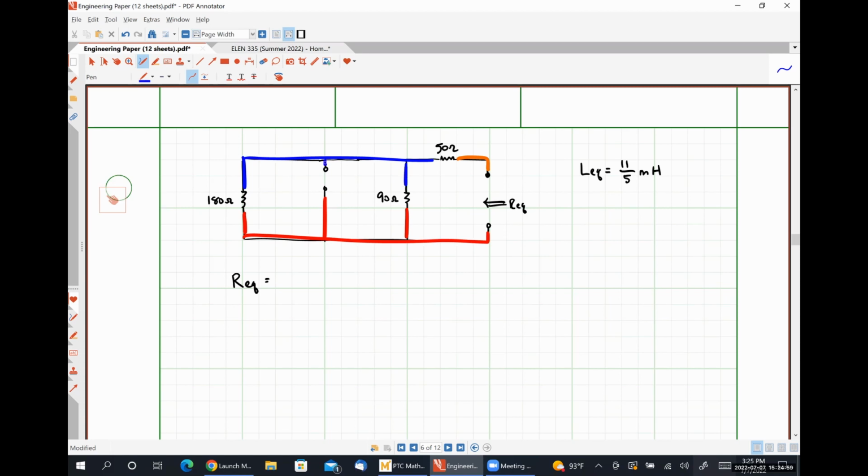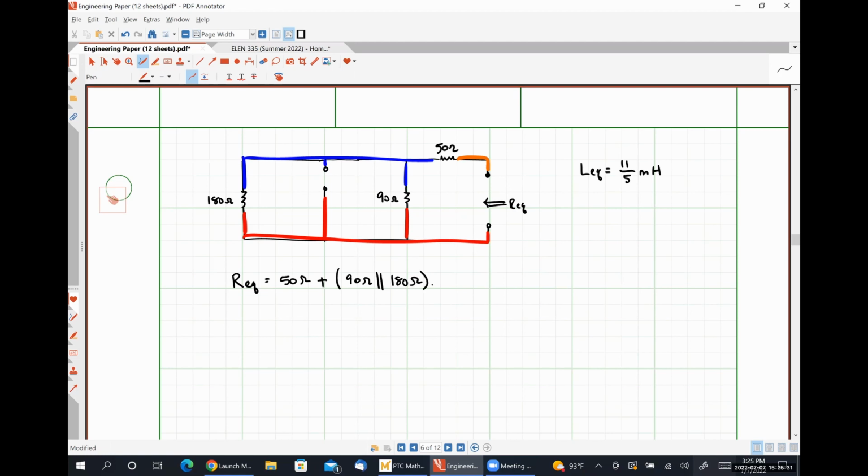So the 180 ohm resistor and the 90 ohm resistor are in parallel because they are between the blue and the red nodes. The 50 ohm resistor isn't in parallel because it's between the orange and the blue nodes. So to me, this looks like 50 ohms in series with the parallel combination of 90 ohms and 180 ohms.